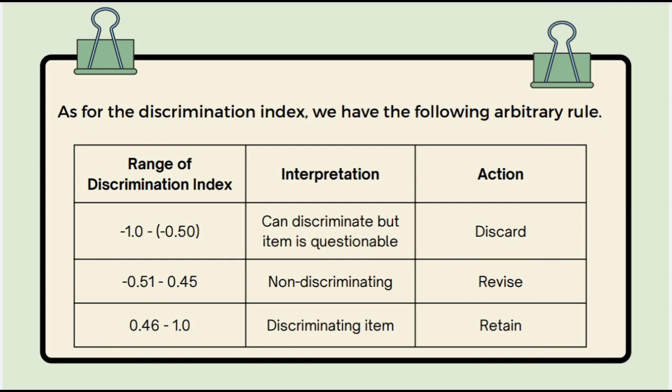But if the discrimination index is negative 0.51 to 0.45, the interpretation is non-discriminating, which means we need to revise or we need to change. And if the discrimination index is 0.46 to 1.0, it means that it is a discriminating item. So the action that we need to take is to retain it or to keep it.